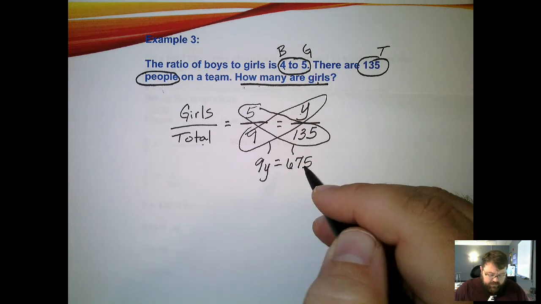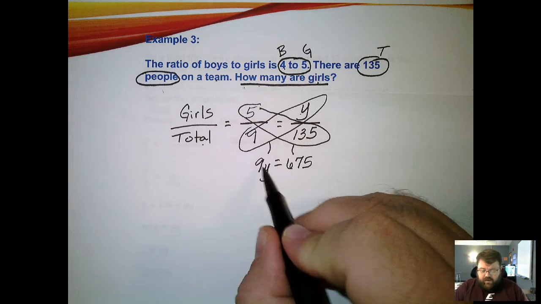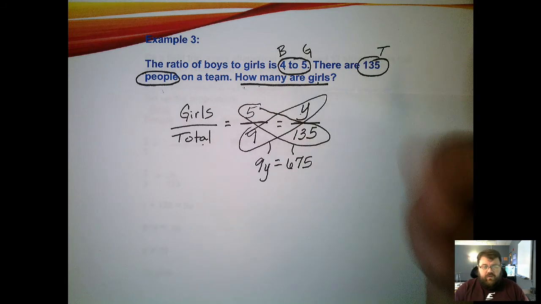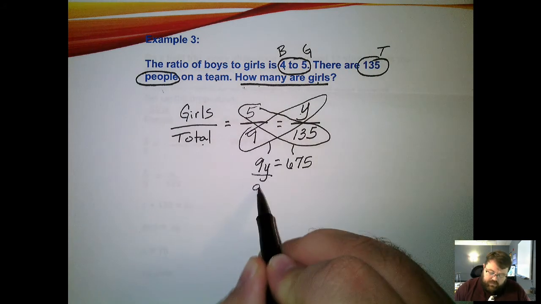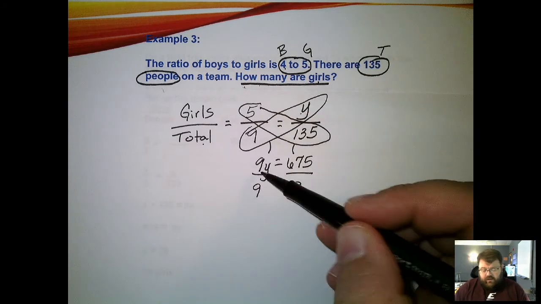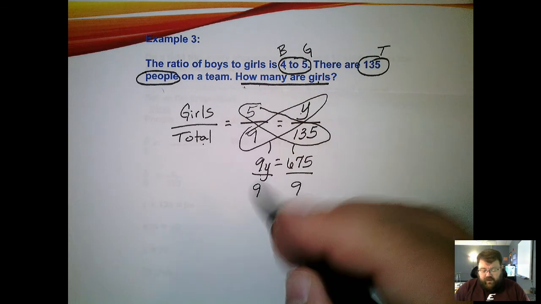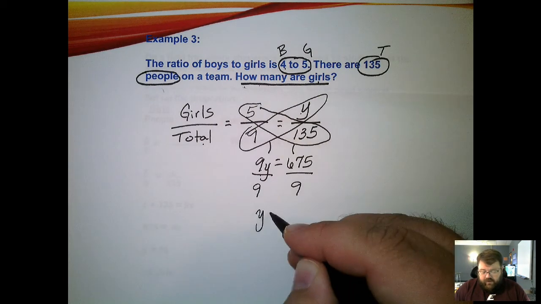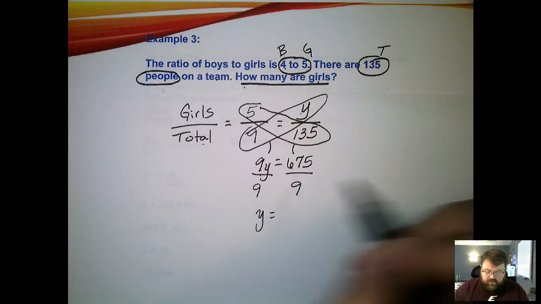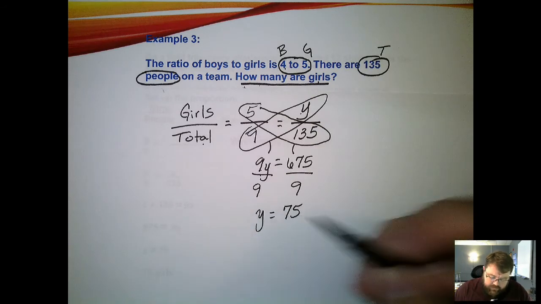and that's 675. Now from here, what I want to do is realize the 9 is trying to multiply y. The inverse or opposite operation is to divide by 9 on both sides of the equal sign. 9 divided by 9 is 1. So the way we write 1y is simply y equals 675 divided by 9 is 75.